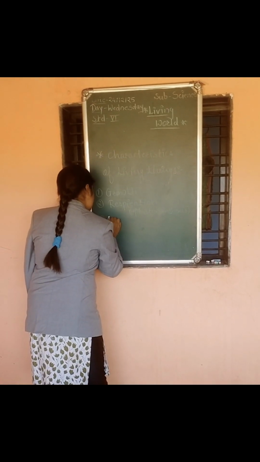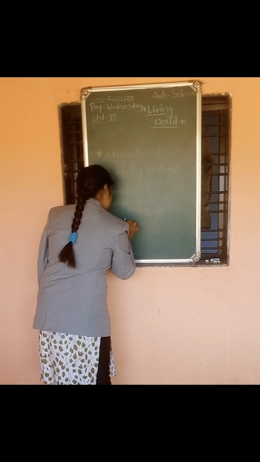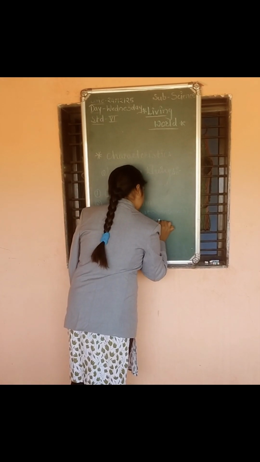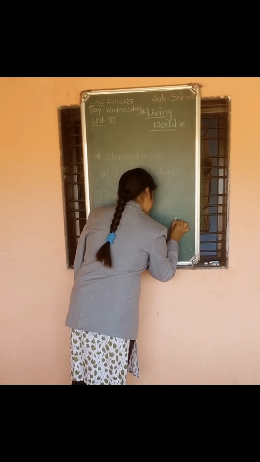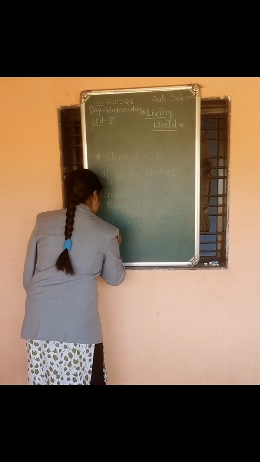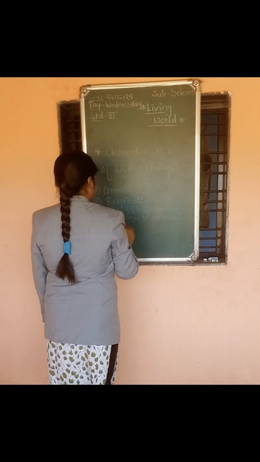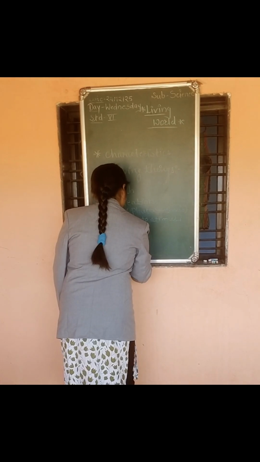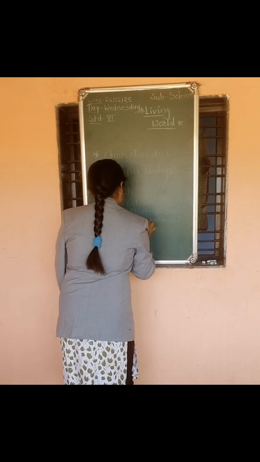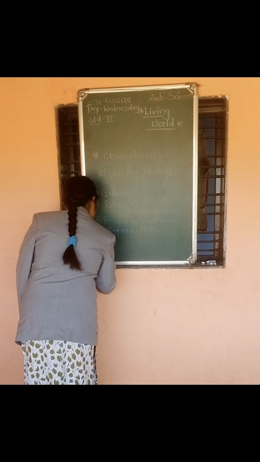Third one is response to stimuli. Fourth one is reproduction. And the last property is excretion.